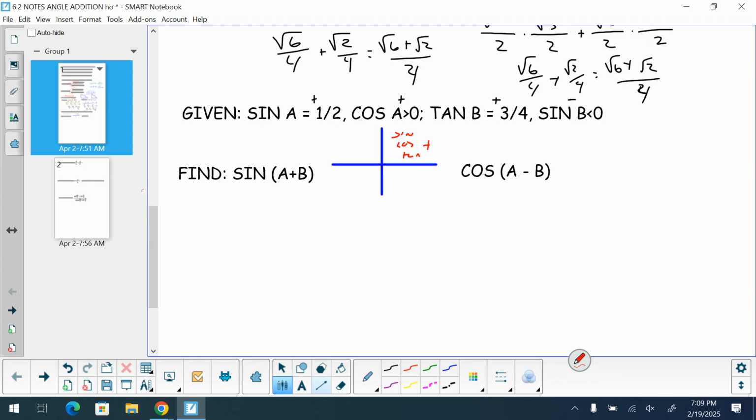If we look in quadrant number 2, if I just do a quick sketch of a triangle, we have negative on the bottom, we have positive here, and we have positive here. So my sine will be positive, my cosine is negative over positive, so cosine's negative, and my tangent's opposite over adjacent, so my tangent is also negative.